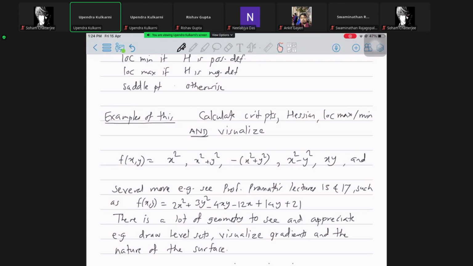But the phenomenon is richer over here, in that even if the Hessian is non-singular, which is to say the double derivative is non-zero, that is, it's an invertible operator, even in that case you could have a maximum, a minimum, or a saddle point, because there may be different behavior in different directions.